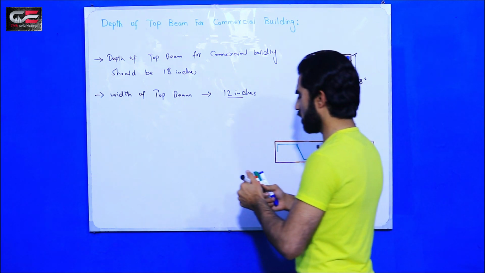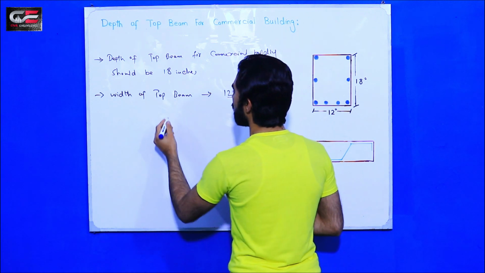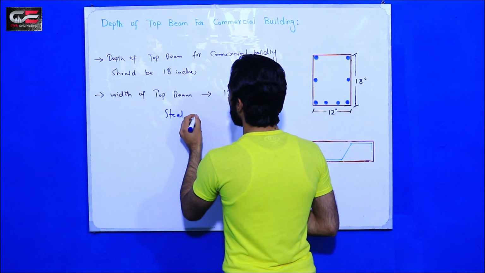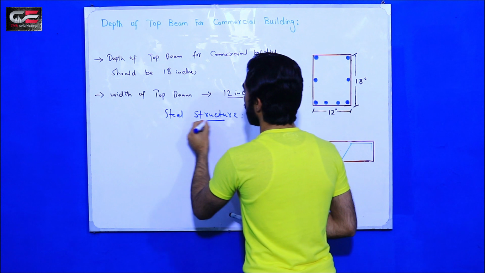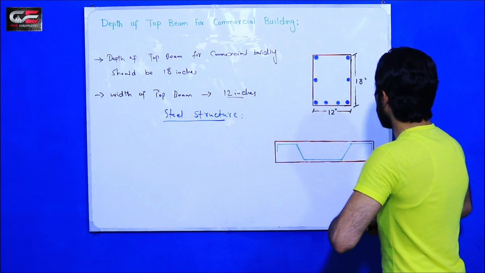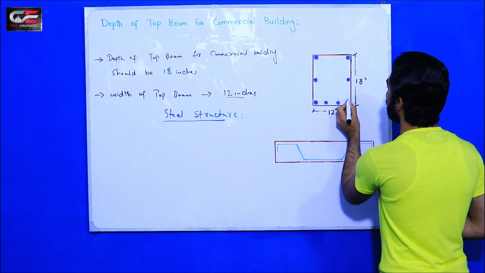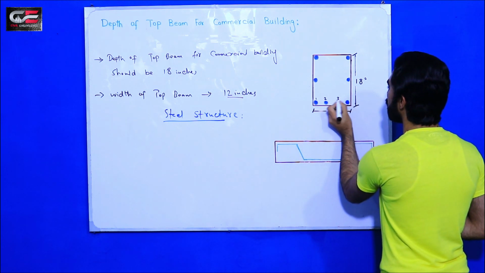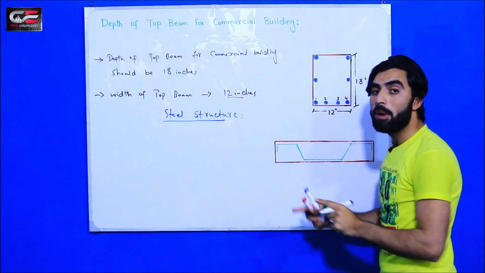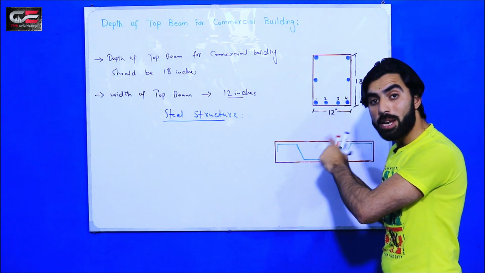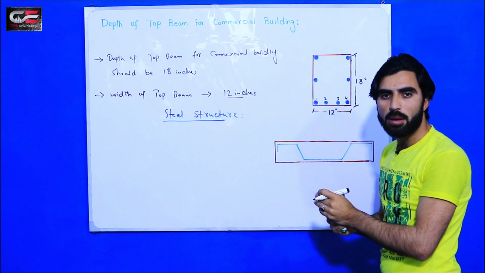Now guys, come to its steel structure. Okay, guys, you can see at the bottom of top beam we have 4 numbers: 1, 2, 3, 4 steel bars. Okay, these are also called main bars. If this is plinth beam or top beam, these bottom bars are also called main bars.